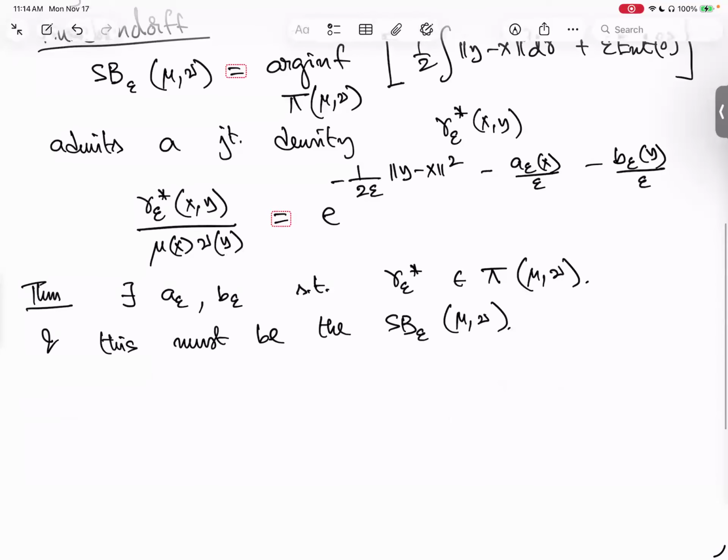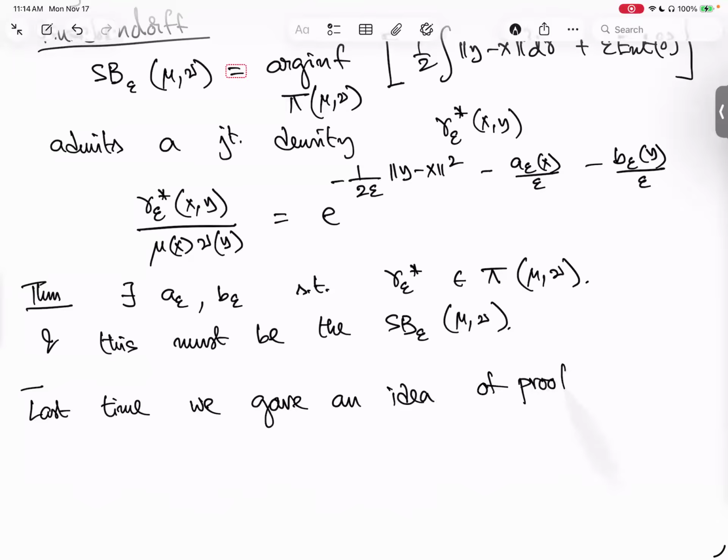Last time we gave an idea of the proof of why, if a epsilon, b epsilon exists, gamma epsilon star must be the Schrodinger bridge. And this idea was due to the fact that what we used is KL projections.